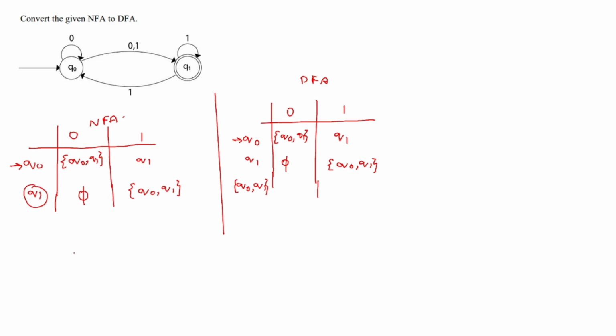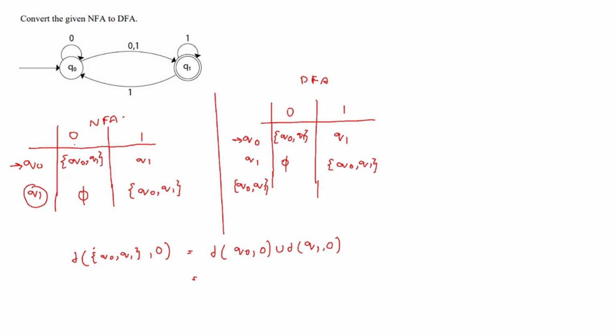We find it out: delta of Q0, Q1 on 0 can be written as delta of Q0 on 0 union delta of Q1 on 0.